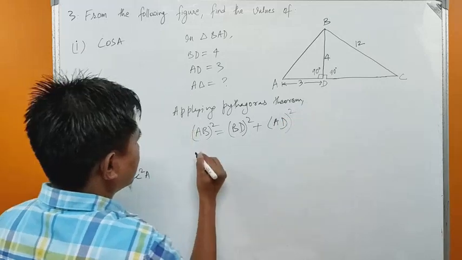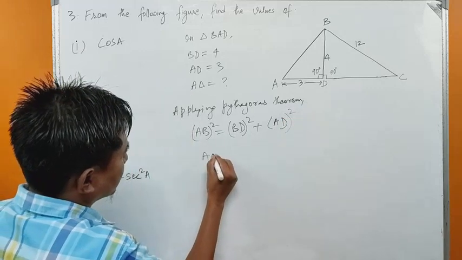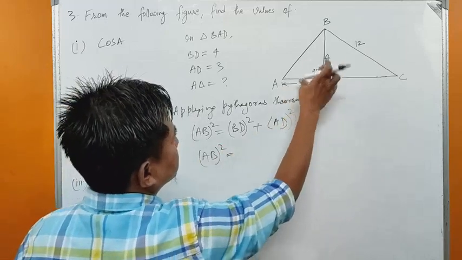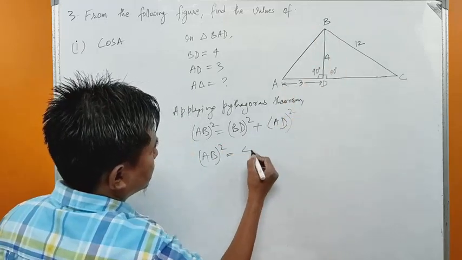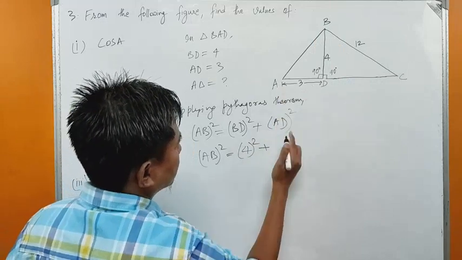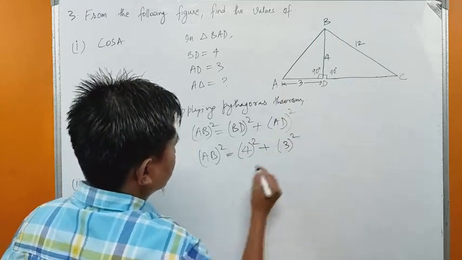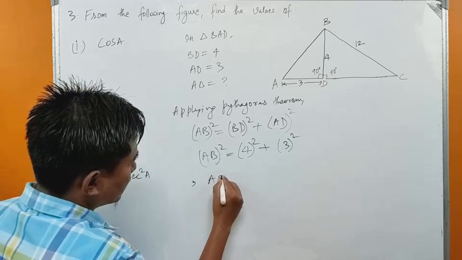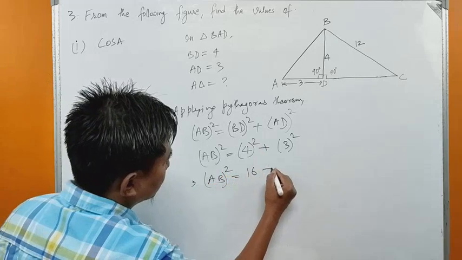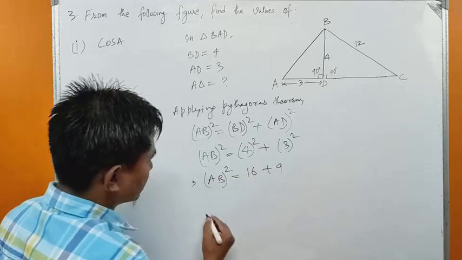Now AB square equals BD is given to us, BD is 4 squared, plus AD is 3 squared, or AB square equals 4 square is 16 plus 3 square is 9, isn't it?